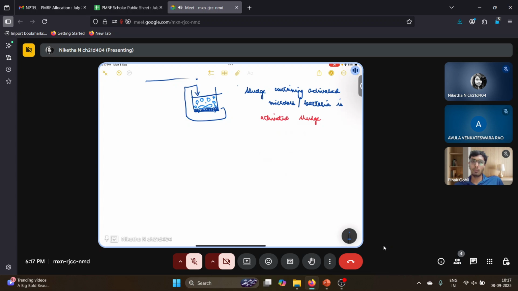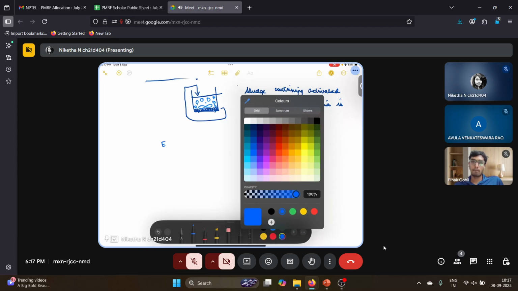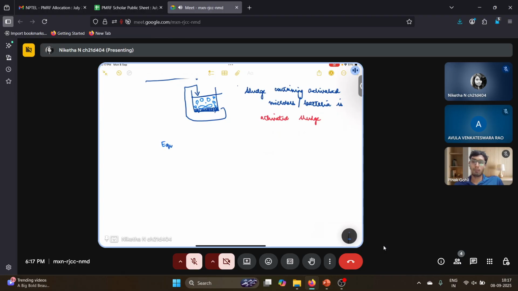Okay, so we have an equation to represent this process, the activated sludge process or ASP. We can represent it in the form of an equation like this. I'll tell you what it is.